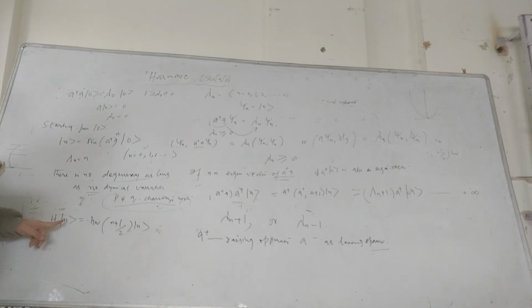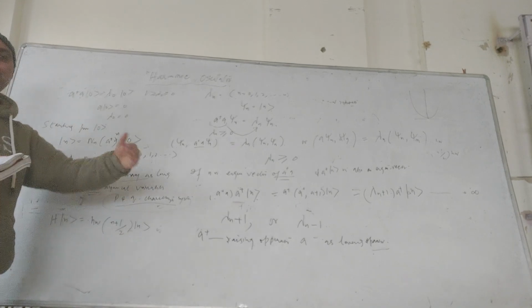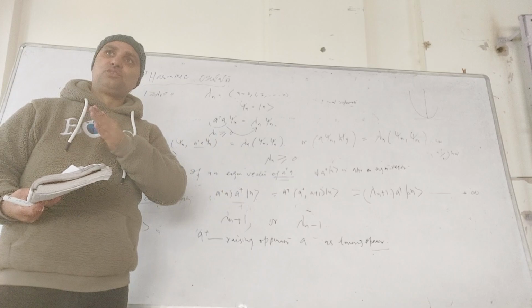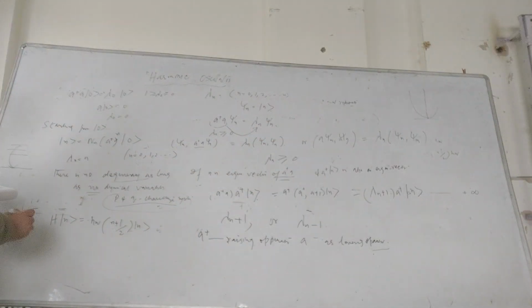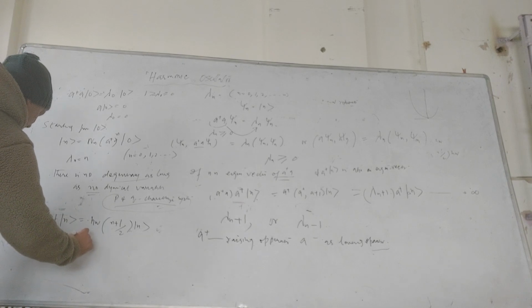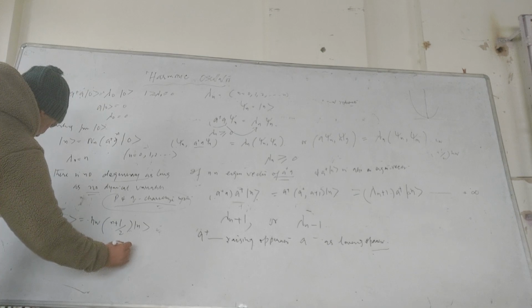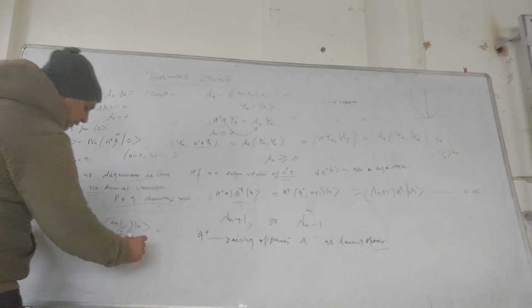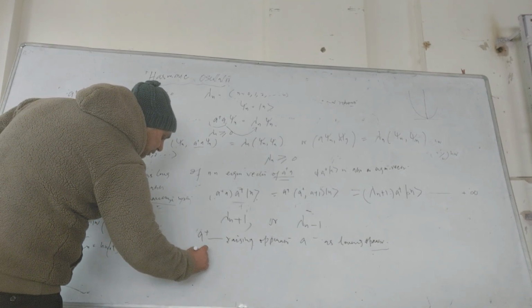So H operating on n state gives continuous states 1, 2, 3, and so on with the operators succeeding, on both sides. The eigenvalues of the Hamiltonian will be E n is equal to H omega times n plus half.